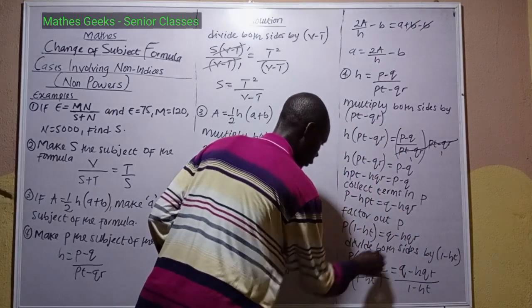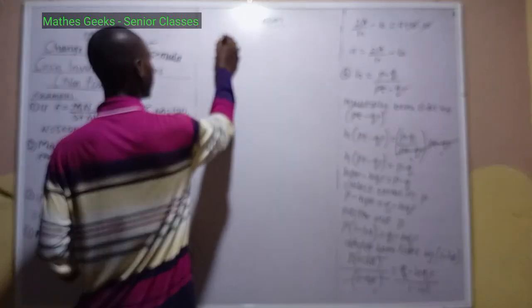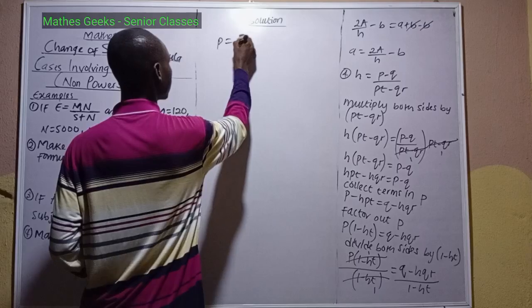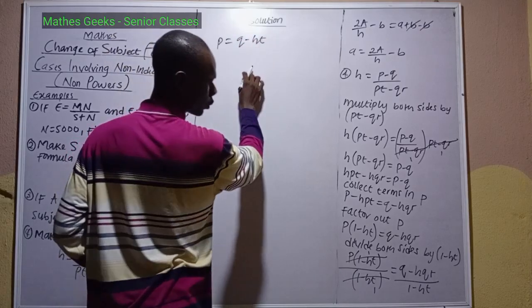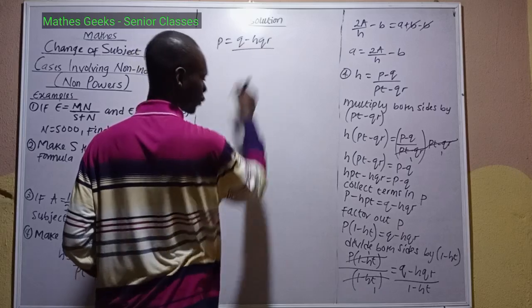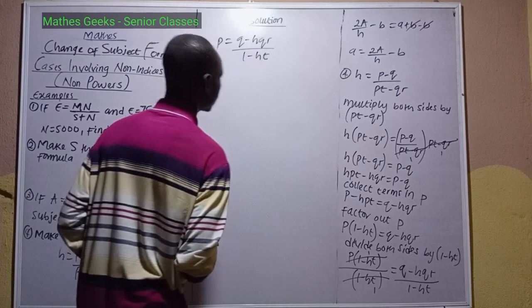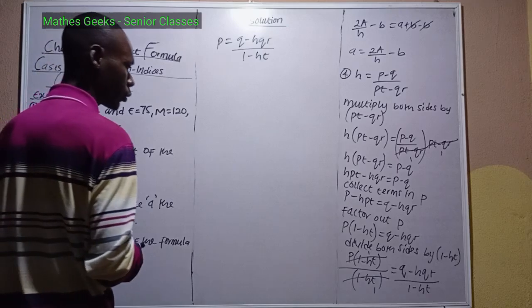So when this cancels this, P equals Q minus HQR over 1 minus HT. So P is now the subject of the formula.